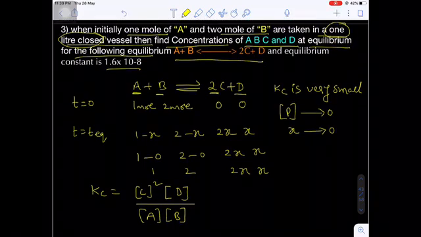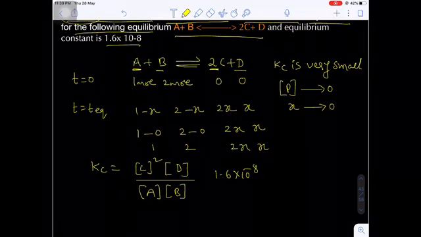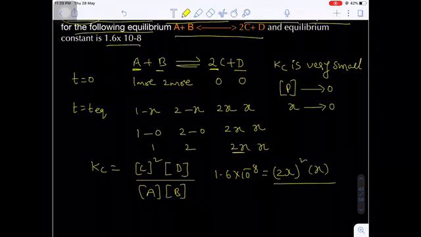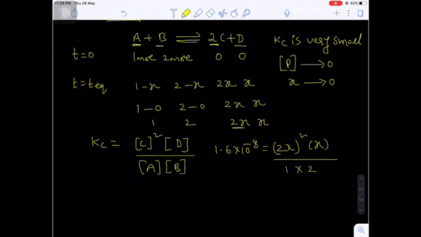Now what is the Kc given to you in the question? 1.6 into 10 raised to minus 8. What is the concentration of C? 2x, so 2x whole square. Concentration of D is x, divided by concentration of A which is 1, into concentration of B which is 2. Are you getting my point?